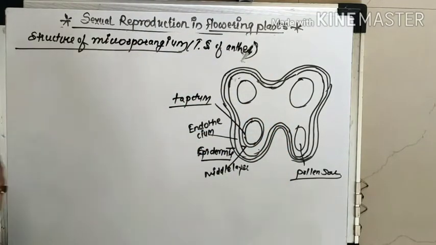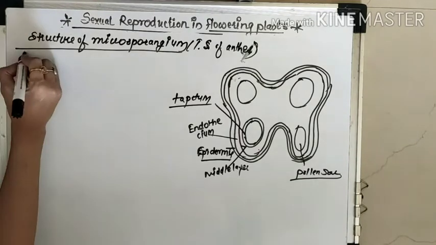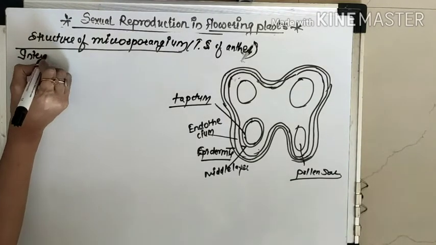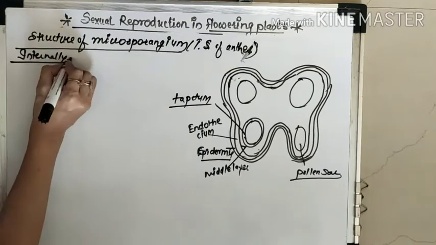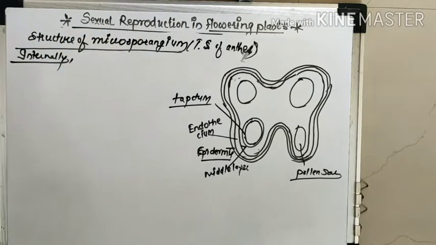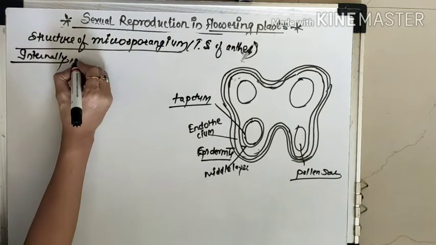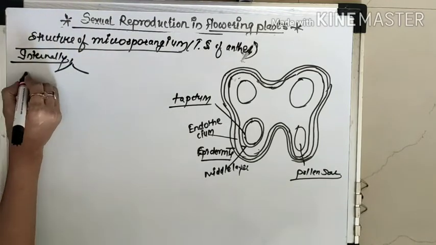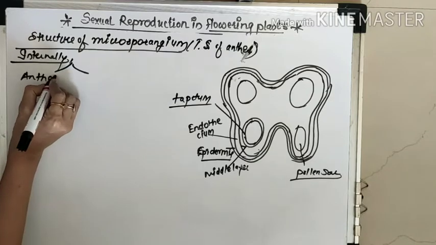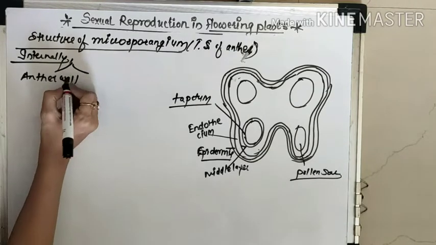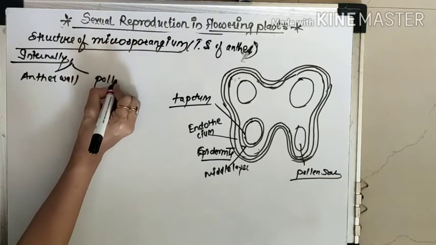Now we will discuss the internal structure of Microsporangium. Internally this anther shows the anther wall and pollen sac.